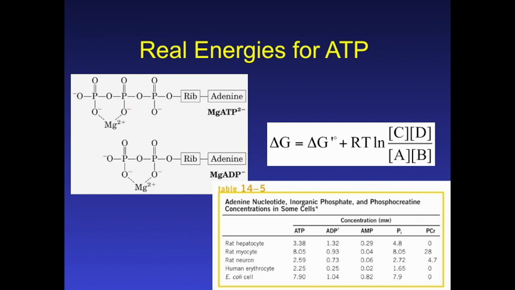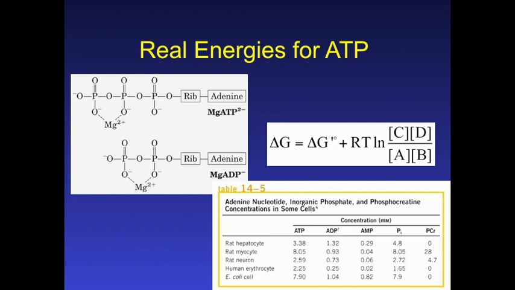The negatives. Does that increase ATP's energy value, or does that decrease ATP's energy value? It decreases it. Because of the presence of the magnesium, in reality, it stabilizes that negative charge, which doesn't like to be there, and actually reduces the amount of energy.